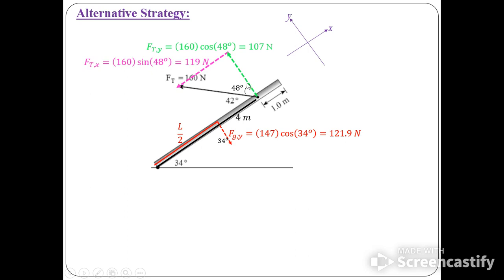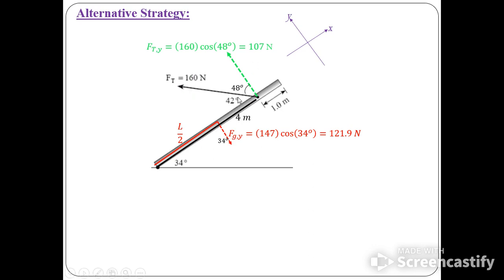Here's F_Ty, which is what we need because x and y are perpendicular. Again, I kind of show you how to find F_Tx here, but you don't need F_Tx. F_Tx is useless because it parallels the pipe, which is now the x-axis, and you don't need parallel, you need perpendicular. So I'm going to, again, clean this up a little bit, take that component out of the way because it doesn't do anything for the torque.